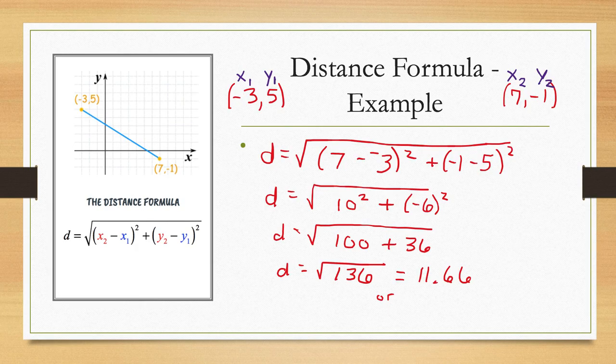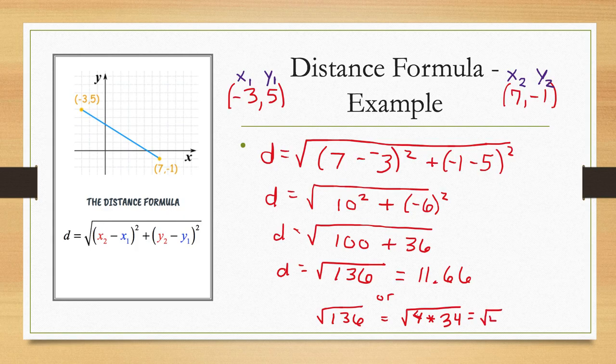Or what I can do with this square root of 136 is rewrite it as the square root of 4 times 34. 4 times 34 is the same thing as 136.